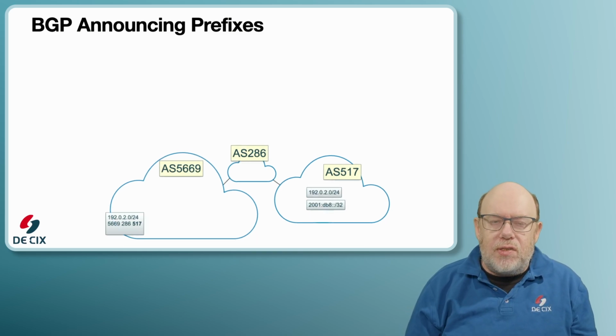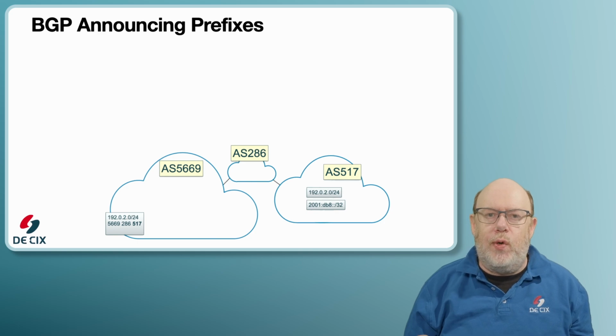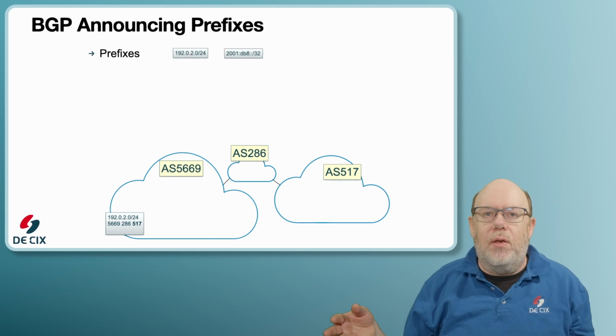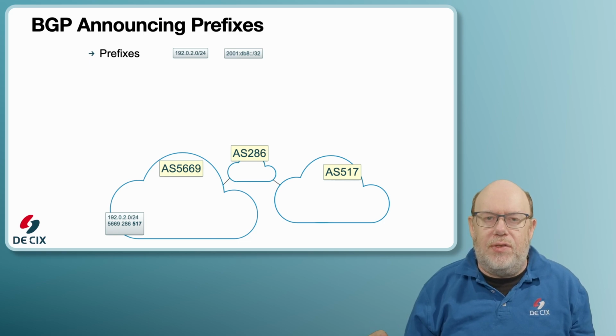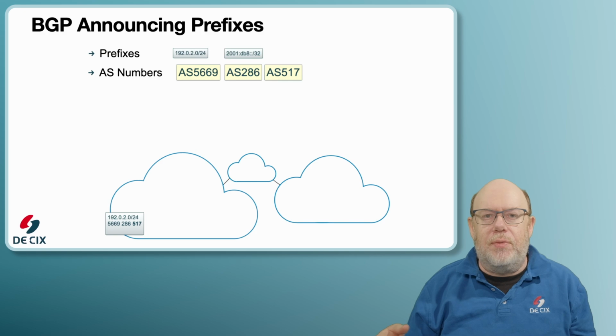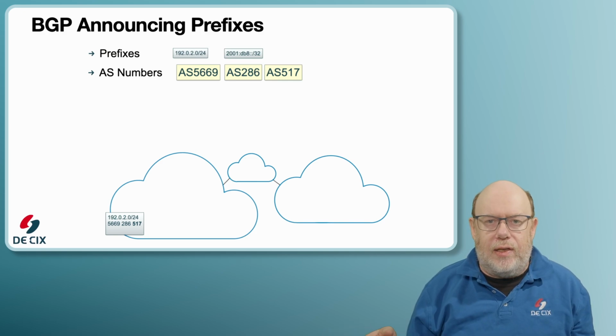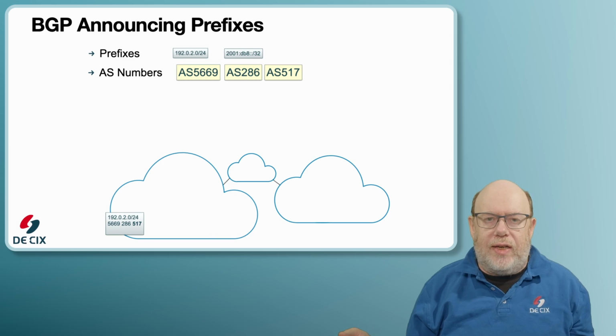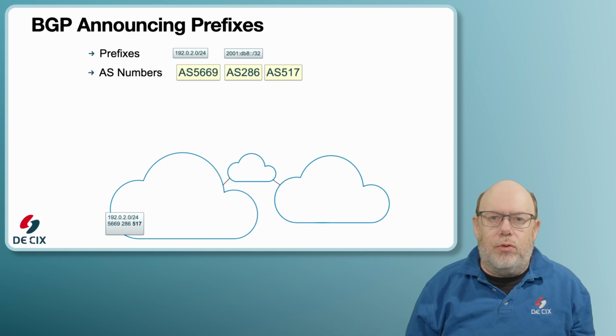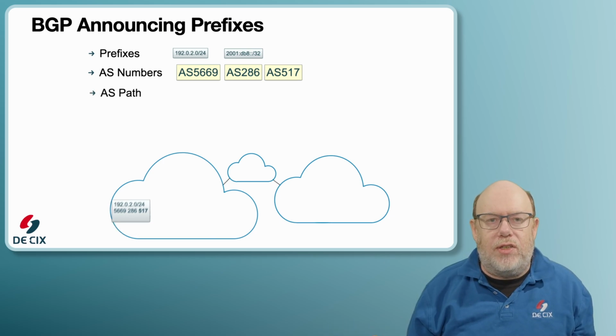So, characteristics of BGP we learned about today. We have prefixes. BGP works by announcing prefixes. We have autonomous system numbers, 32-bit in length, centrally administrated, and you can get one by talking to your regional internet registry.